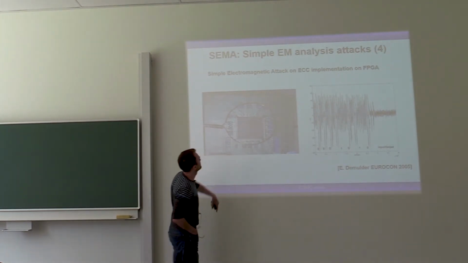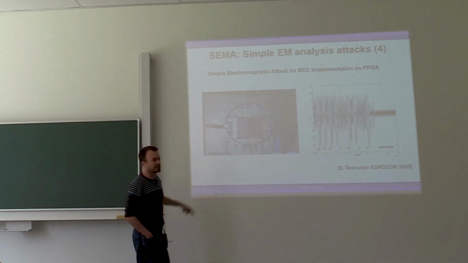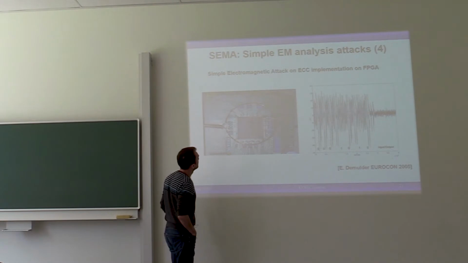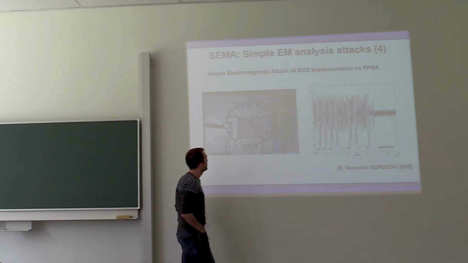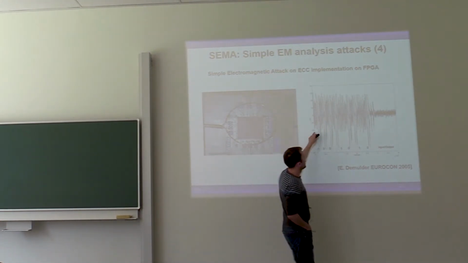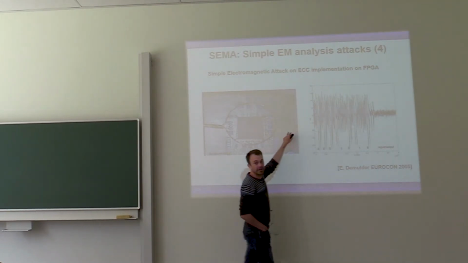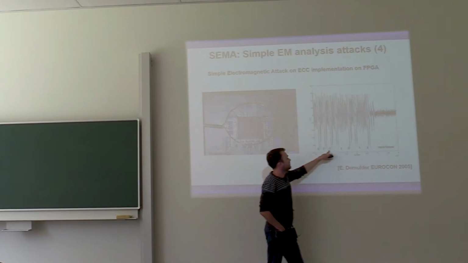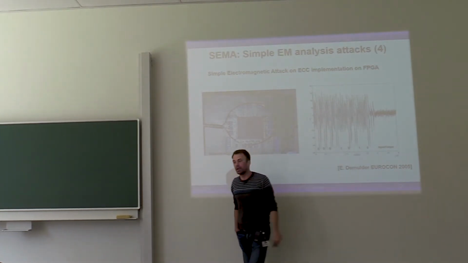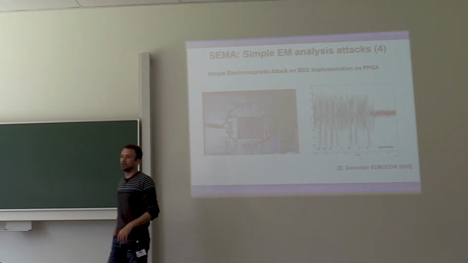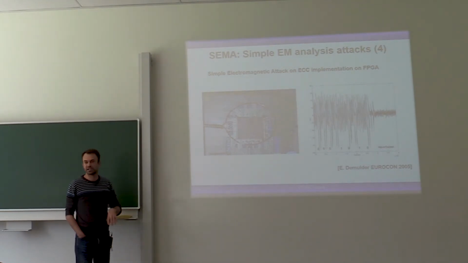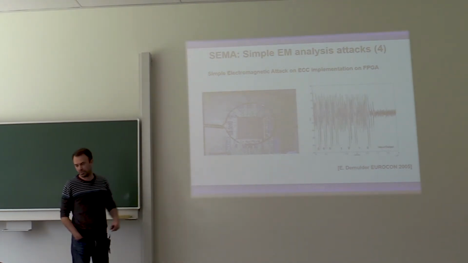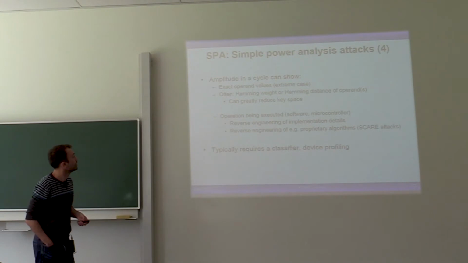You can't see it very well in this picture, but it's an FPGA chip that implements some ECDSA or something like that, and that's a measurement of the EM radiation around the FPGA. You can play a very similar game and essentially write down the bits of the secret scalar from a single measurement. It's the same thing.